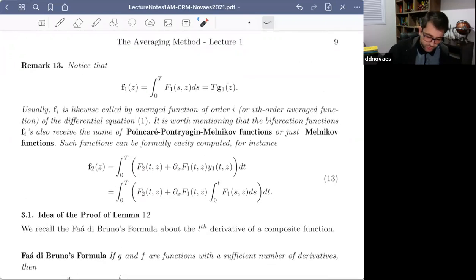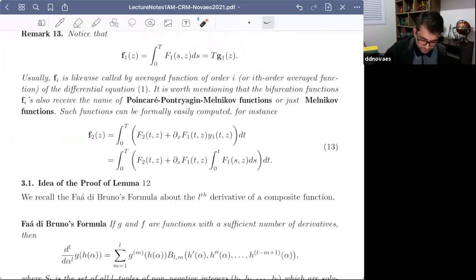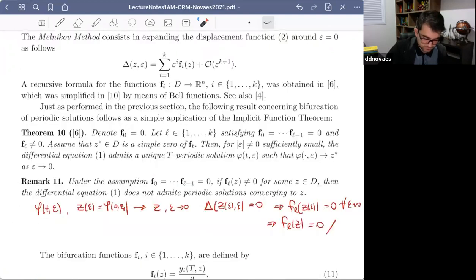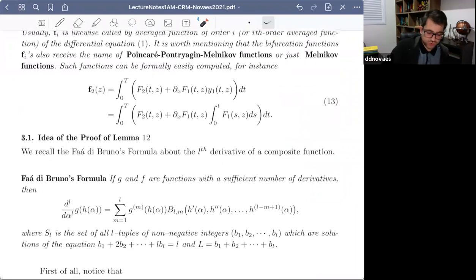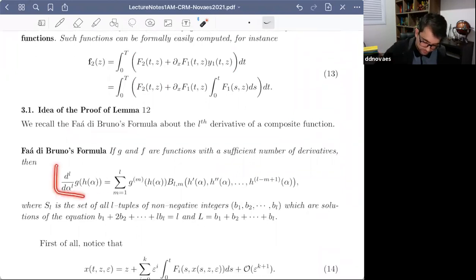Okay, so in order to prove Lemma 12, the idea is to use the Faà di Bruno's formula for higher derivatives of composition of functions. This is the formula.